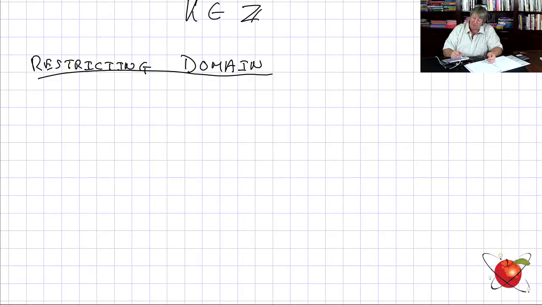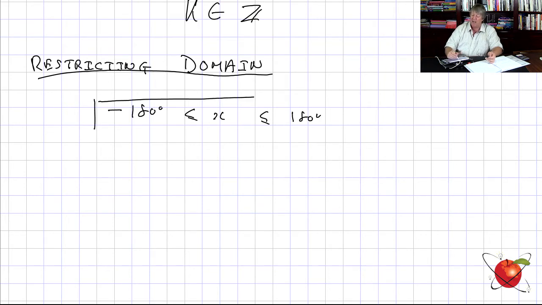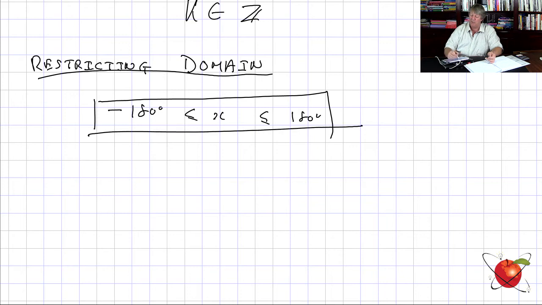When they say to you, solve it with a restricted domain, they are going to say, I only want solutions between, let's say, minus 180 degrees, less than or equal to x, less than or equal to 180 degrees. In other words, they only want solutions where x is in between there, or theta. In other words, only angles that fall in there for a solution.